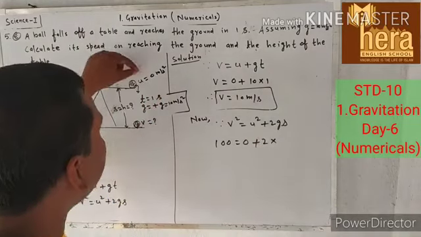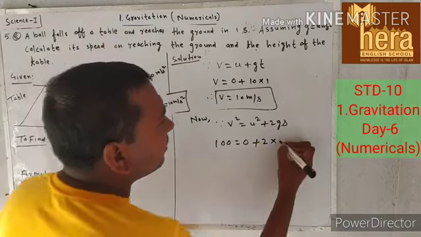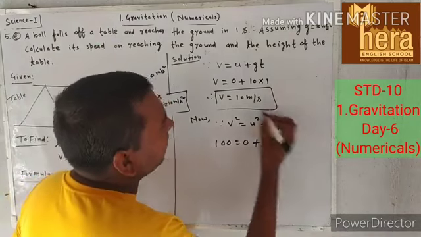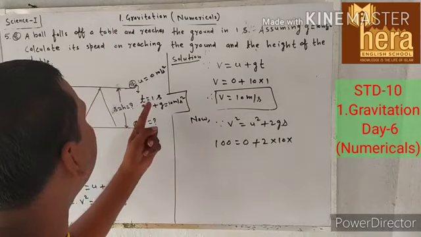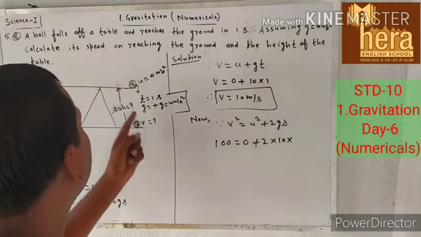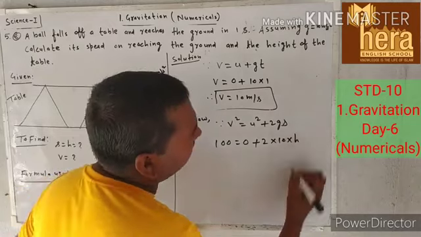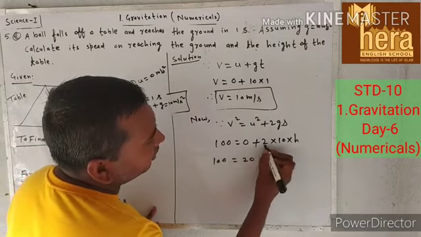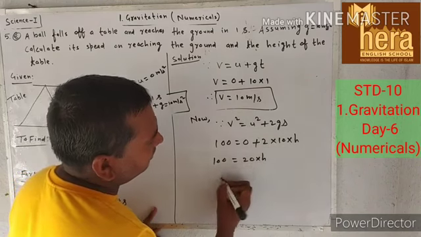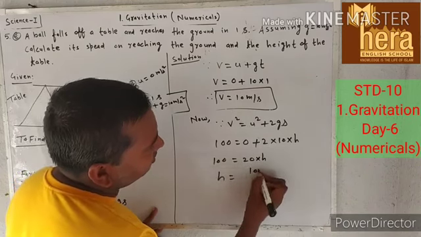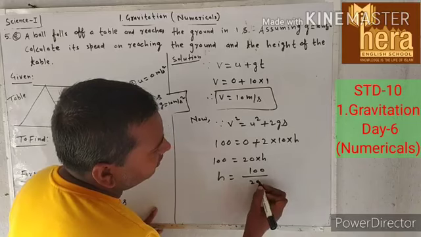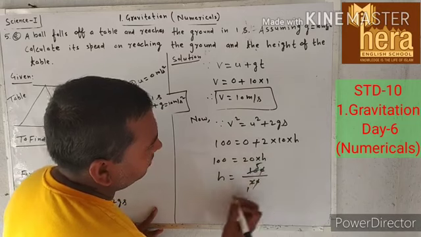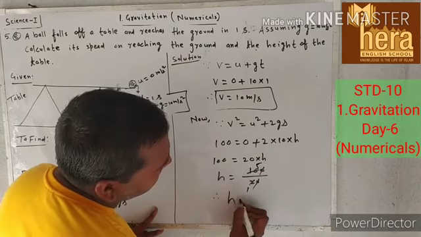Since the object is moving in downward direction, we will take plus G, into S. In place of S we have to put H, because we have to find H. 100 is equal to 2 into 10, 20 into H. Therefore H is equal to 100 upon 20, which is 5.